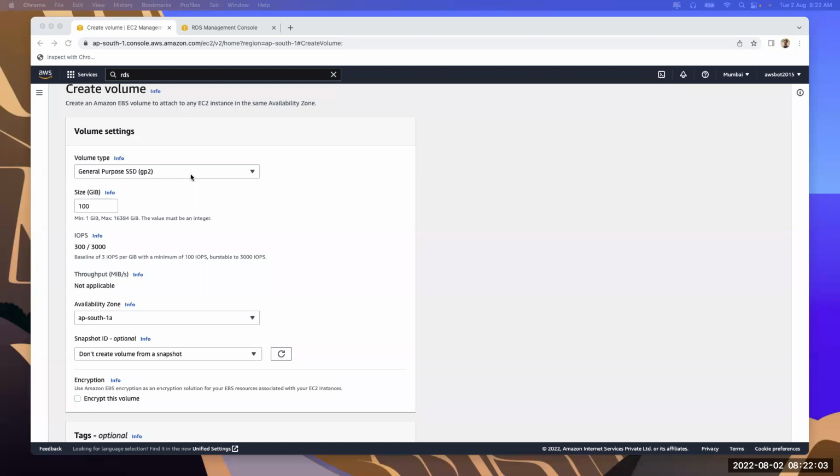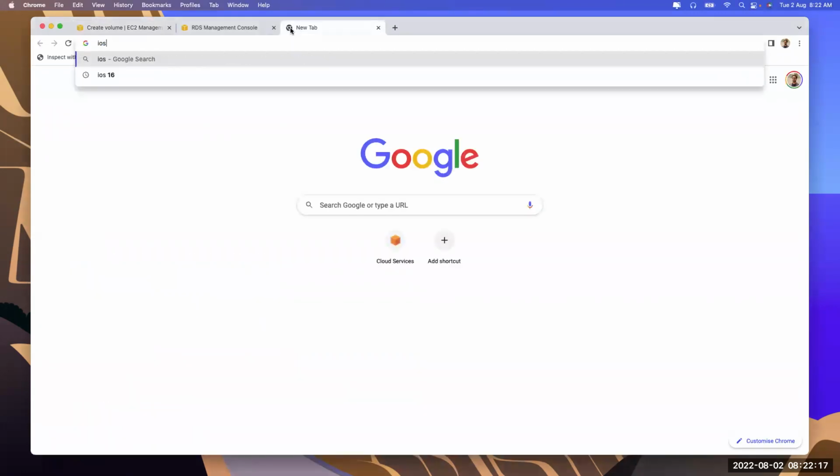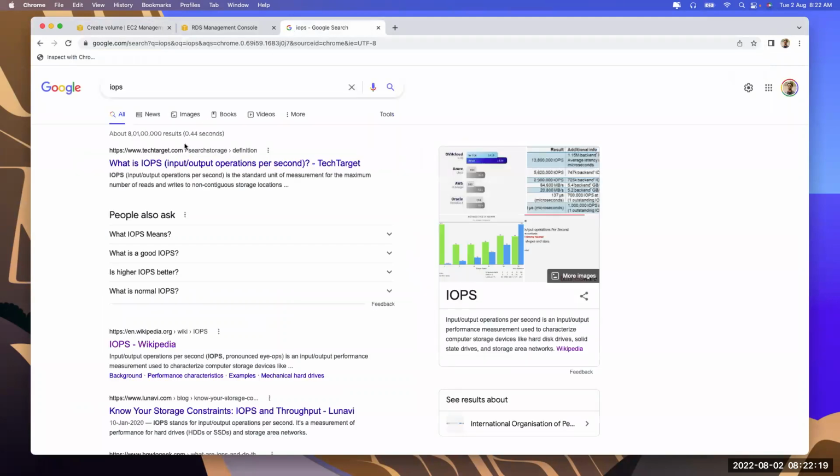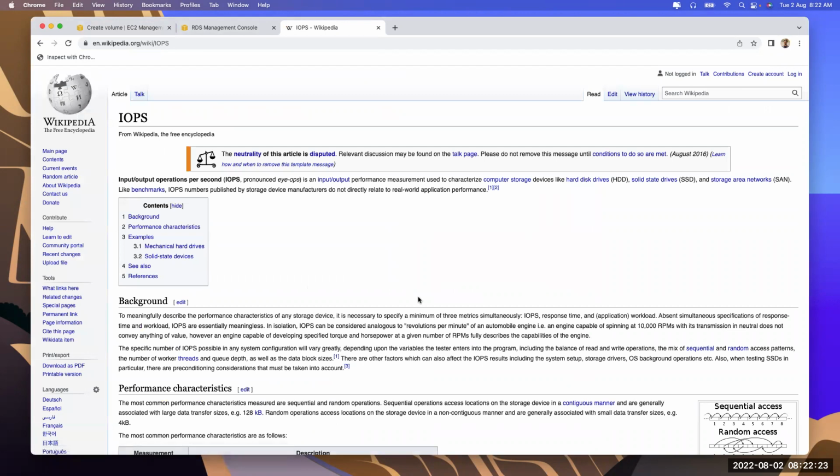Let's say I have a volume which wants to do fewer transactions or more transactions. It depends on that. So this IOPS, you see, IOPS. Again, I would recommend you to go and read about IOPS today. Input output per second.